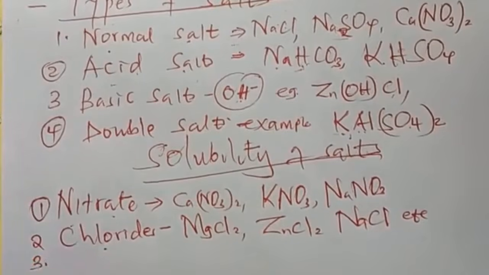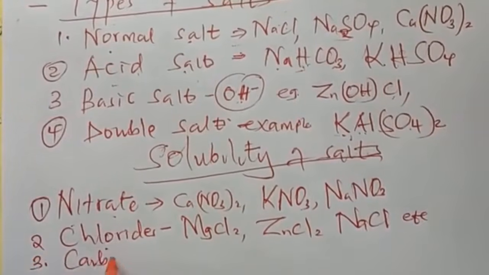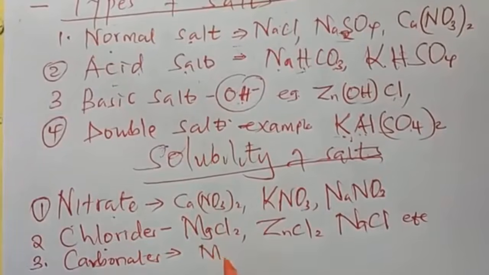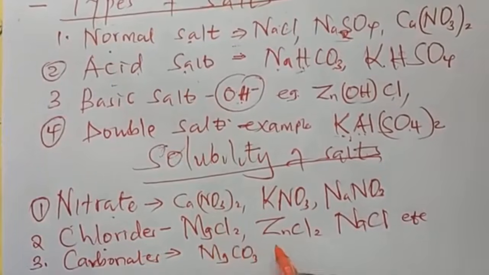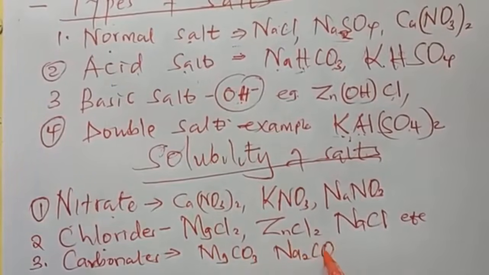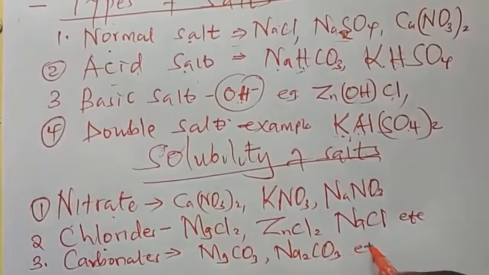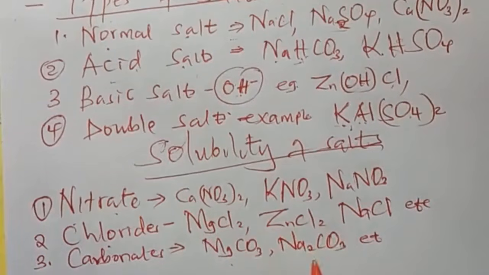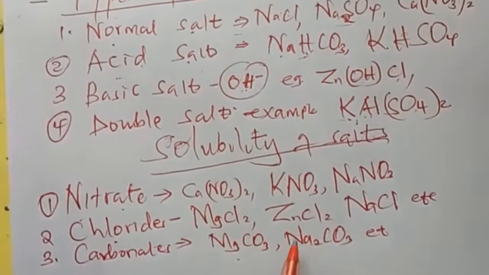And then number three, we have carbonates. We have magnesium carbonate, sodium carbonate, etc. Every metal has each of the salts I'm talking about, except some metals which do not have some salts, but it is very few of them.